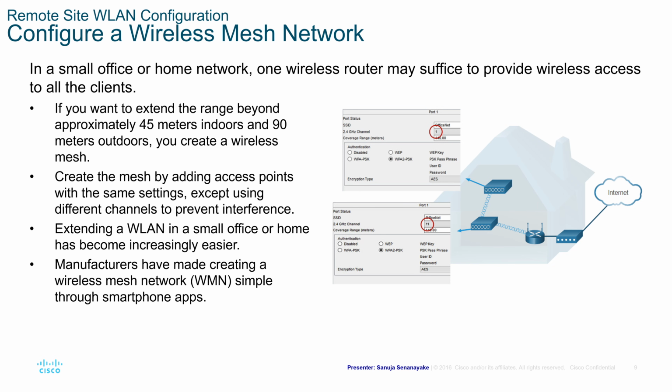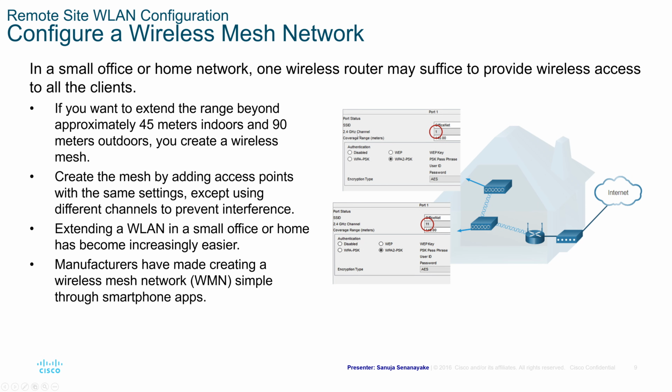Create the wireless mesh by adding access points with the same settings except using different channels to prevent interference. So you can put multiple APs within your network with the exact same wireless settings, such as encryption type, authentication type, and the name of the SSID, but you will change the channel settings so there won't be any overlaps.